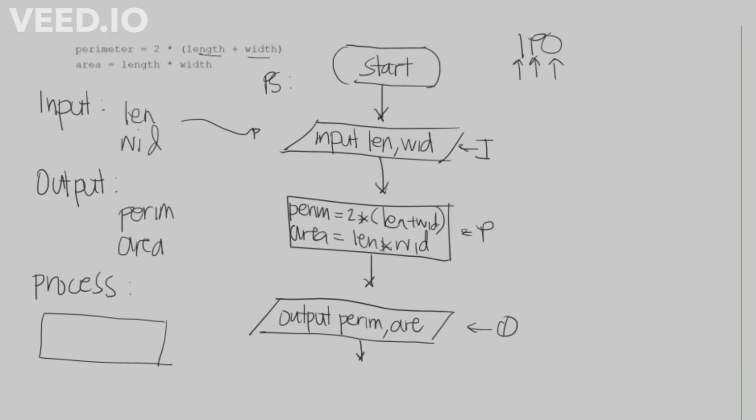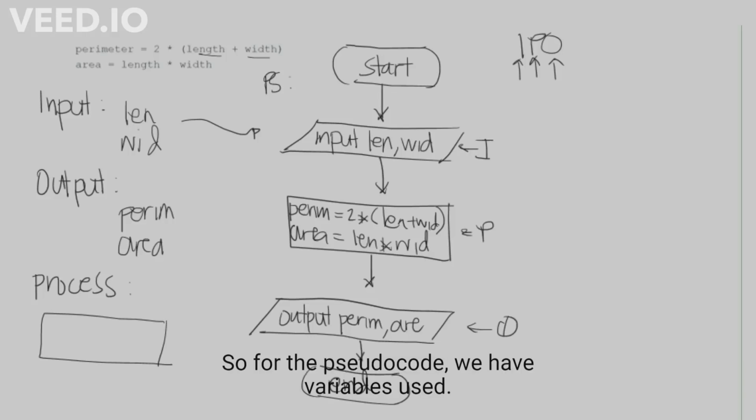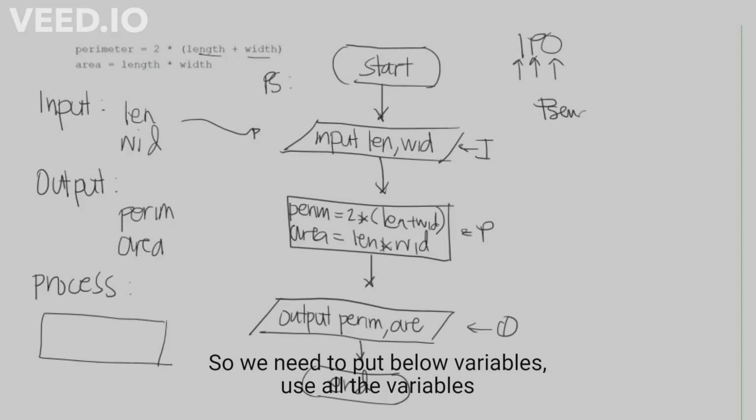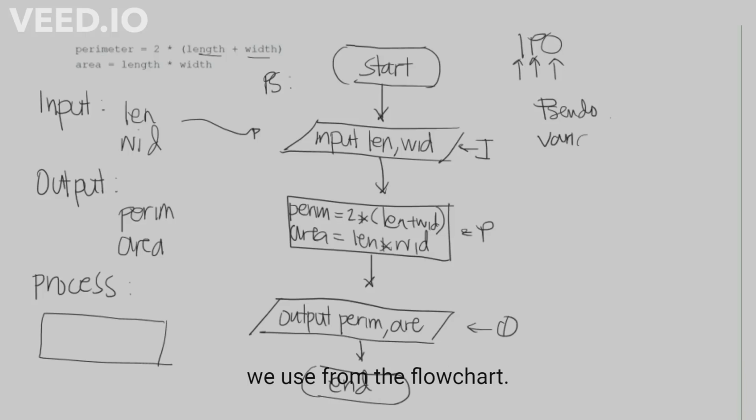So this is the flowchart format. Now let's have the pseudocode. For the pseudocode, we have variables used. We need to put below variables used all the variables we use from the flowchart.